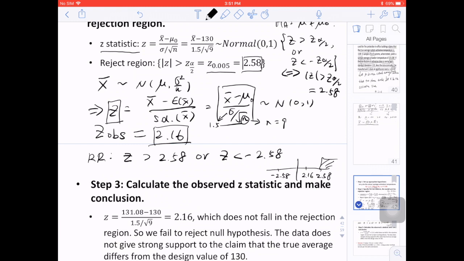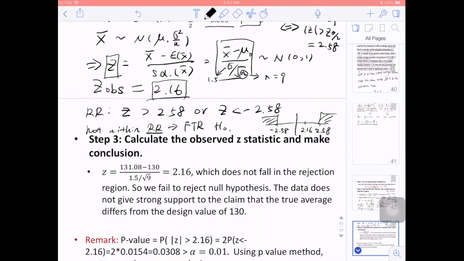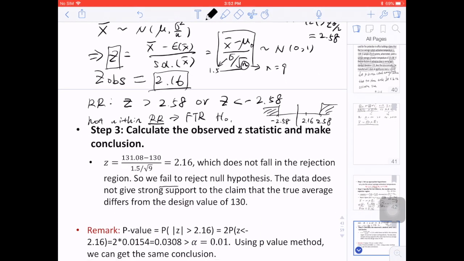So it does not fall into the rejection region. So we fail to reject the null hypothesis. The data does not give strong support to the claim that the true average differs from the design value of 130.